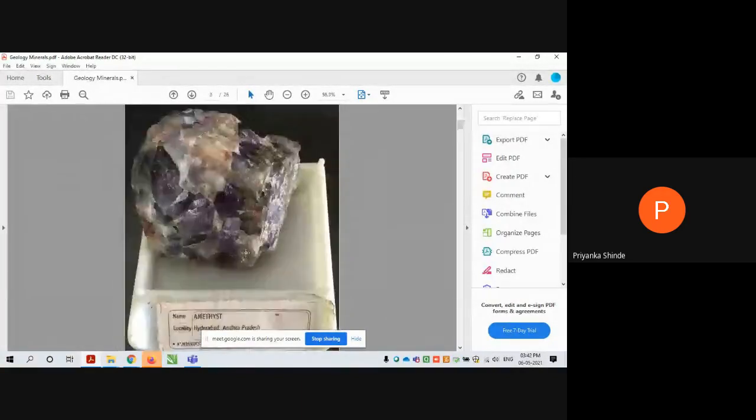Okay, then if you see this amethyst, in my last presentation I had shown you the beautiful minerals. This amethyst especially forms in cavities. While the magma cools, what happens when the lava cools, it contains gases also, so it forms cavities. In that cavity the mineralization takes place. So it looks like your coconut shell.